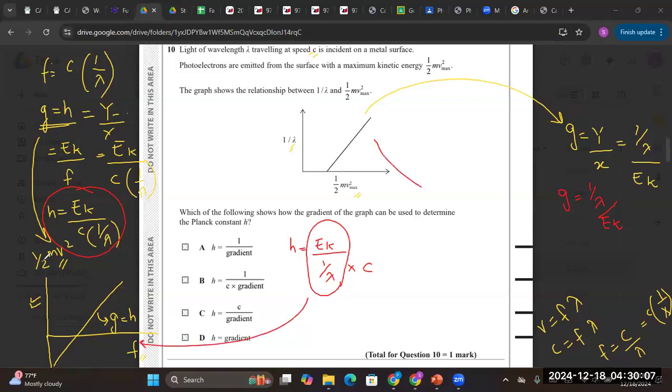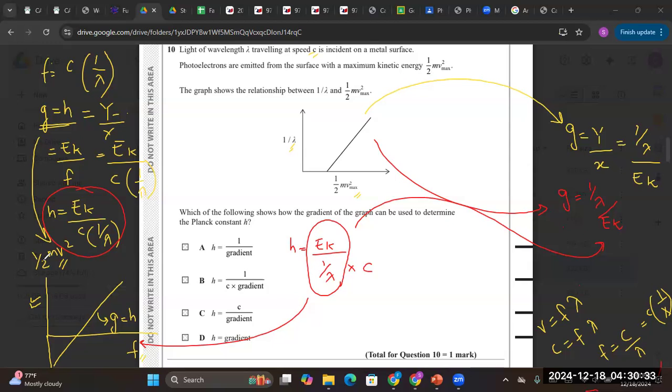The graph that the examiners have given us, the gradient of this graph is 1 upon lambda divided by kinetic energy. Both of these are opposite to each other, meaning they're both reciprocals of each other, right?